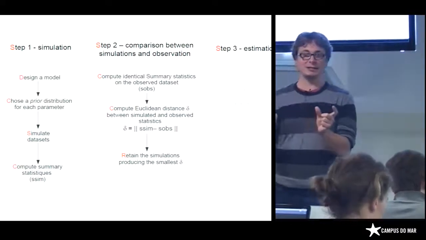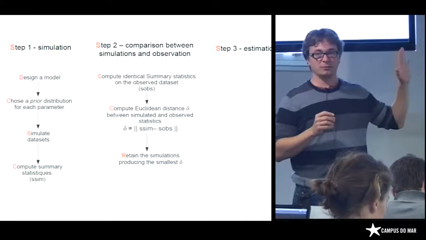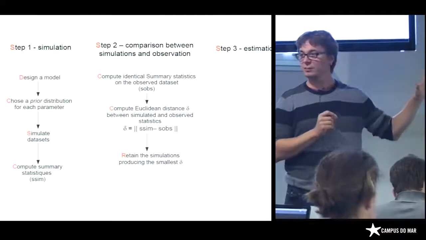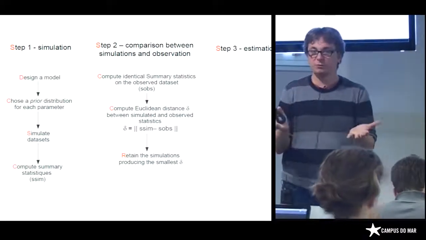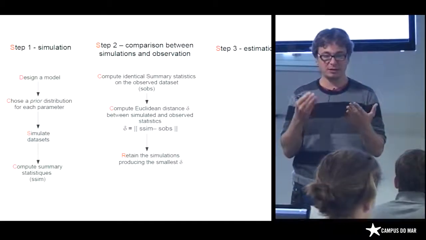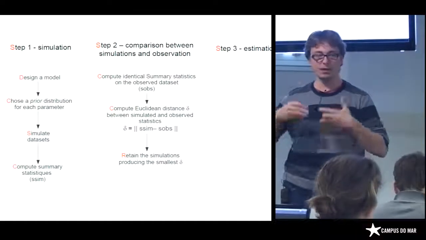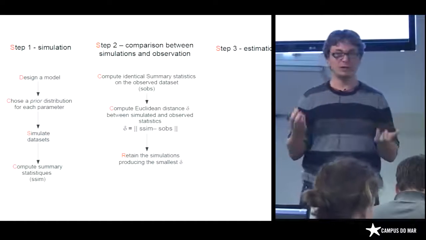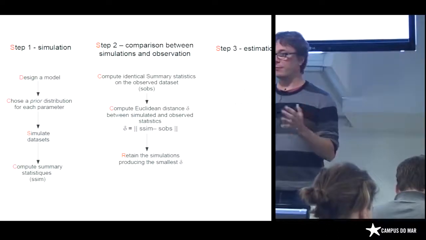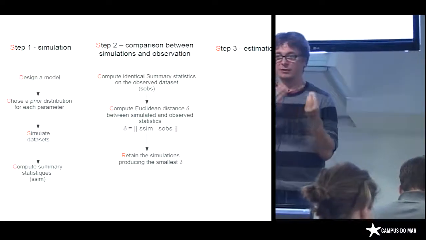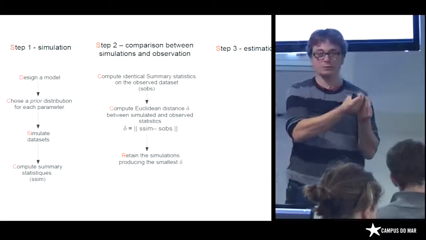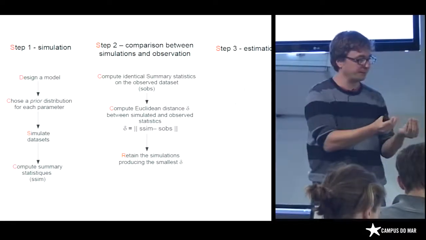As I explained yesterday, our models are too simple to be the true model that we have in nature. In nature, the history of populations is always far more complex than what we intend to model.